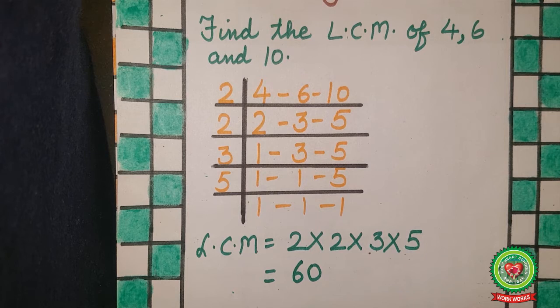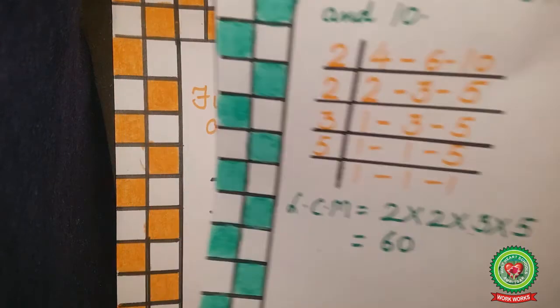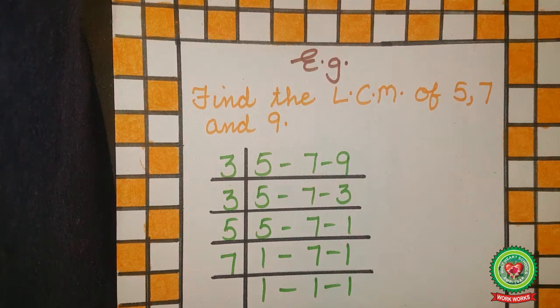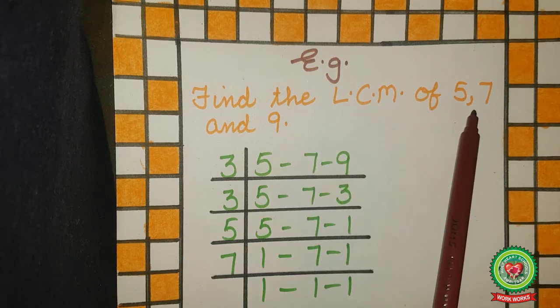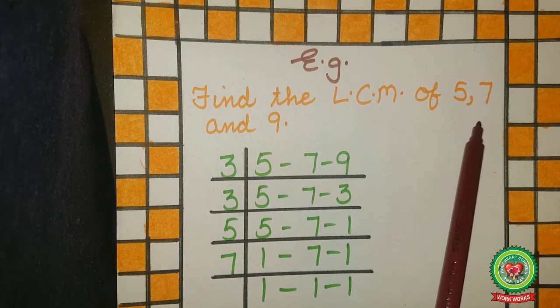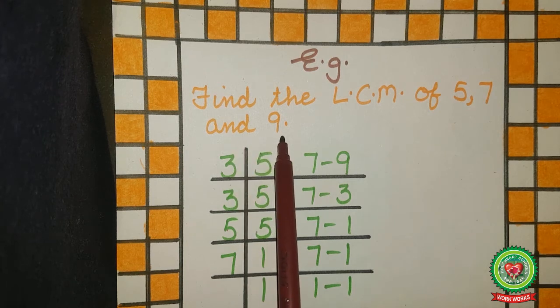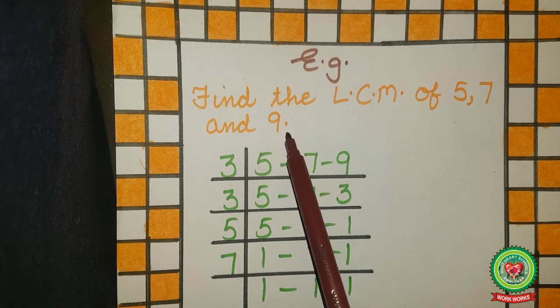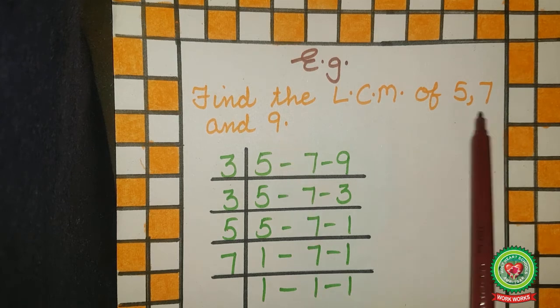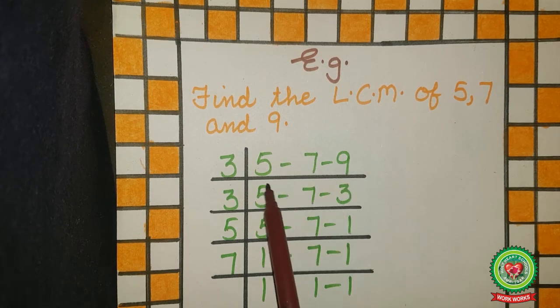Now students, let's take one more example to understand it properly. Example number 2. Find the LCM of 5, 7 and 9. Now students, I have to find out the LCM of these three numbers. So firstly, arrange these numbers in a row.